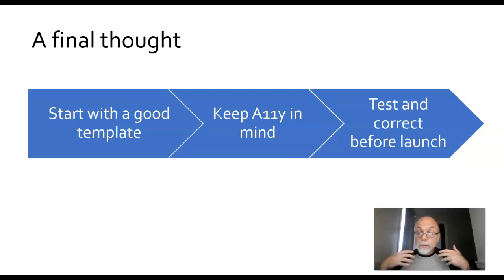That is to say, don't undo things that the template has done for you. Don't ignore labels. Don't ignore the title tag. Don't ignore alt text. Put them in as you go, because that's the smart play. And then test and correct before launch, right? So if you follow those three things, then your odds of creating an accessible solution go way up.